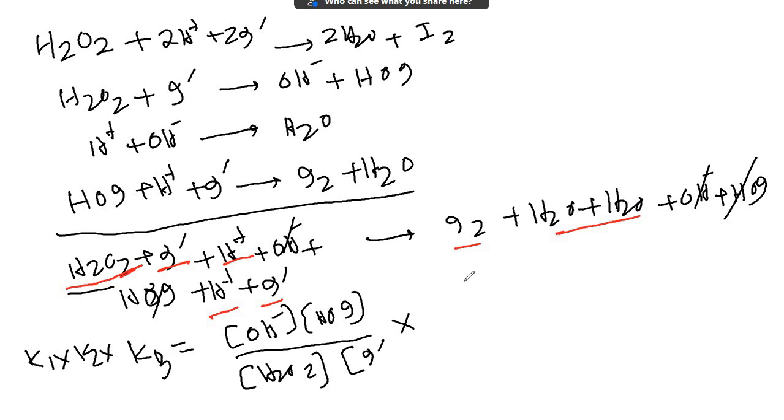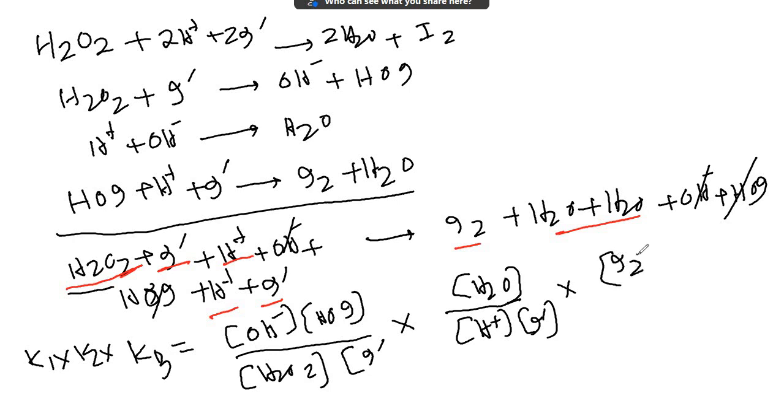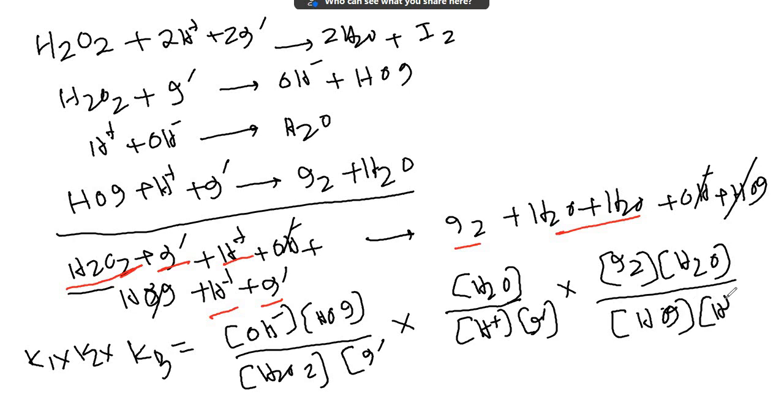K1 is this, K2 will be what? H2O over H+ into I- into OH-, and K3 is I2 into H2O over HOI into H+ into I-.